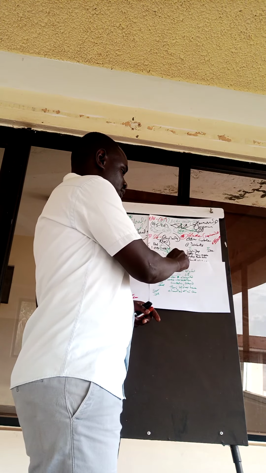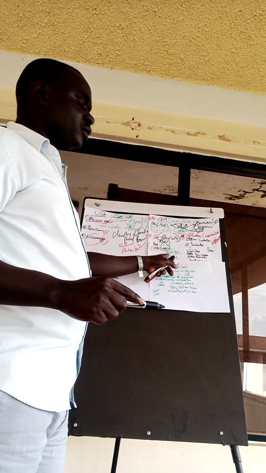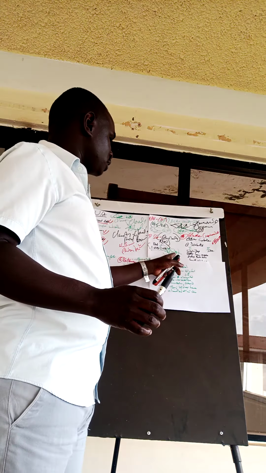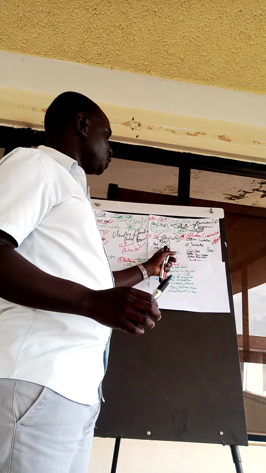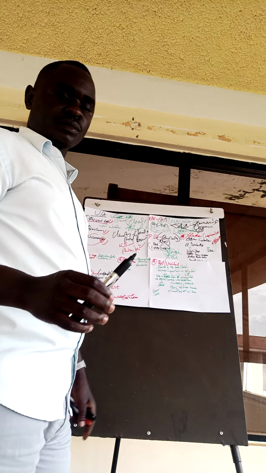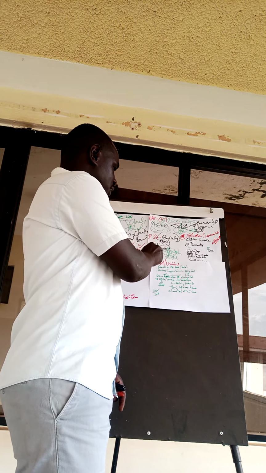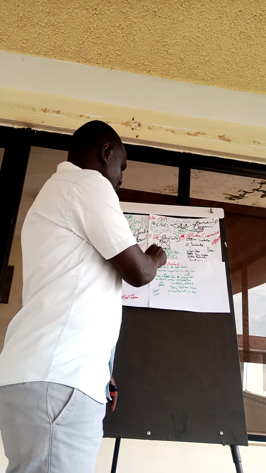ADH is antidiuretic hormone. That can lead to highly concentrated urine, which will be manifested by a high SG. An SG lower than 1.003 is an indication of hydration.